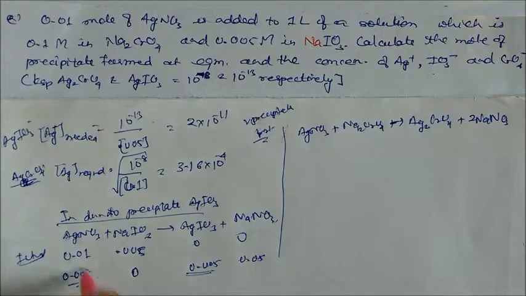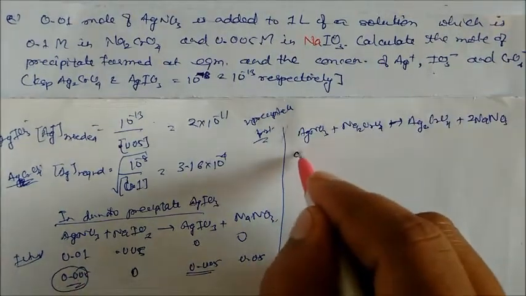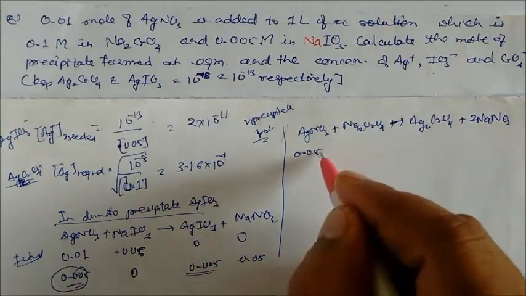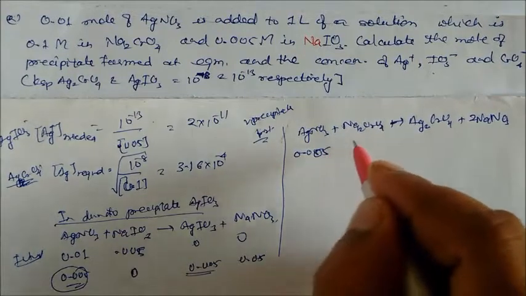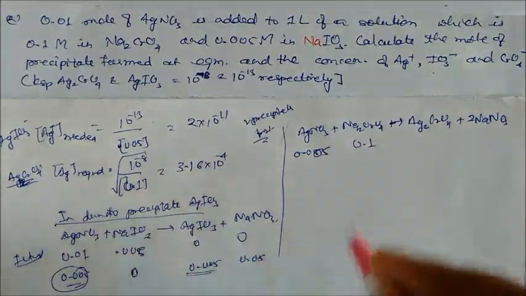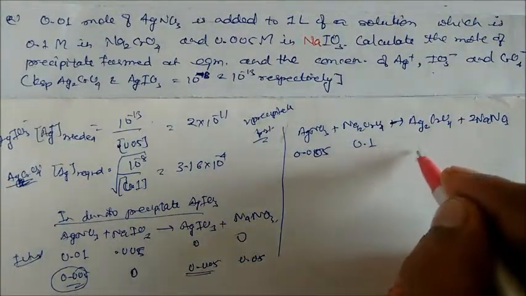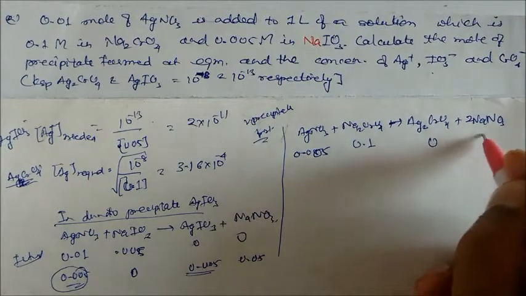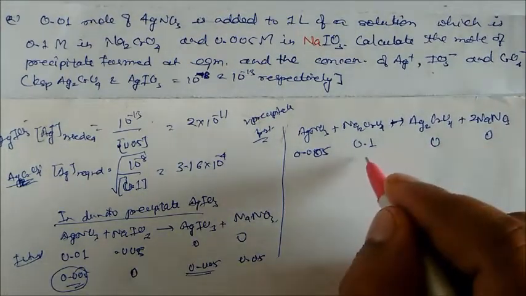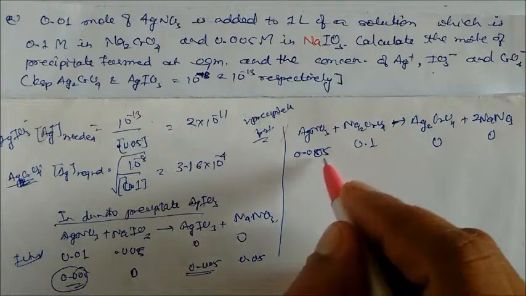Here this 0.005 was left, so you put this value over here, 0.005. This is given here as 0.1 molarity of chromate, and the silver chromate is initially 0.